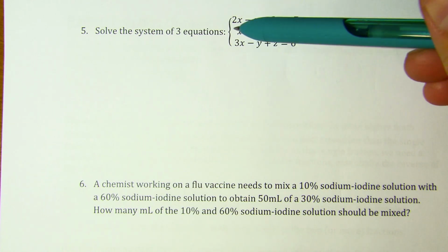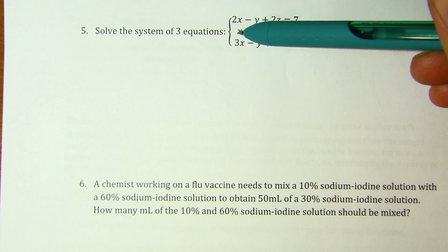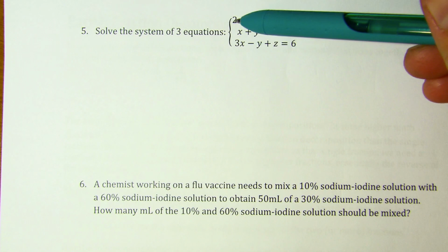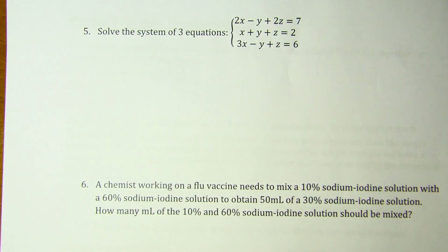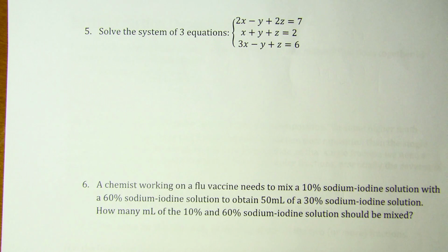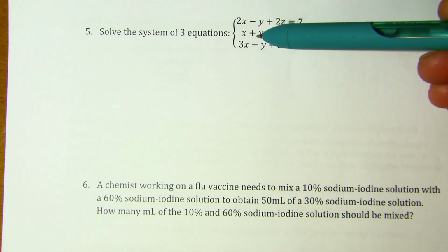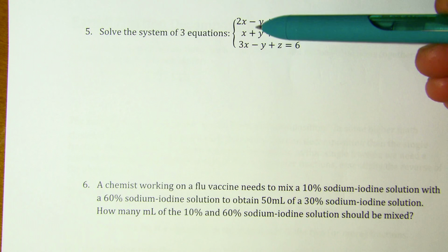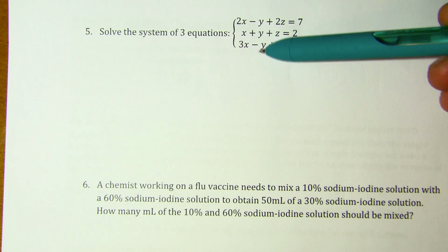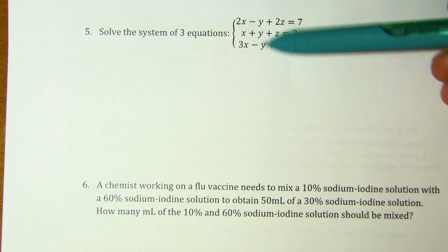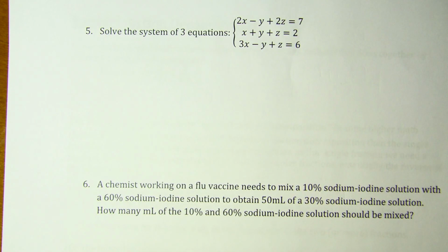Well, if I have an x by itself, that's a pretty easy variable to eliminate, because I could just multiply by -2 to get those to cancel and multiply by -3 to get them to cancel here. But I notice here that all my y's have a coefficient of either positive or -1, meaning I'm not going to have to multiply any of these equations by any numbers in order to get the y's to cancel.